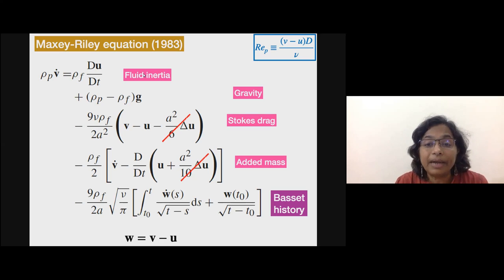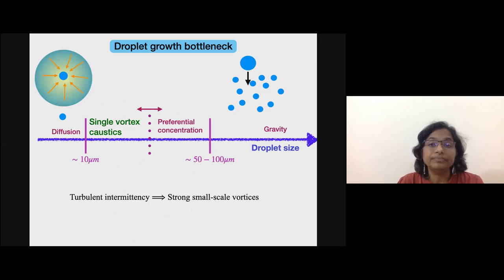Spherical particles obey the Maxey-Riley equation, and that's what we'll be talking about. V is the particle velocity and U is the fluid velocity. This is a complicated expression, but we'll be using a simplified version, except in the end we'll discuss Basset history.